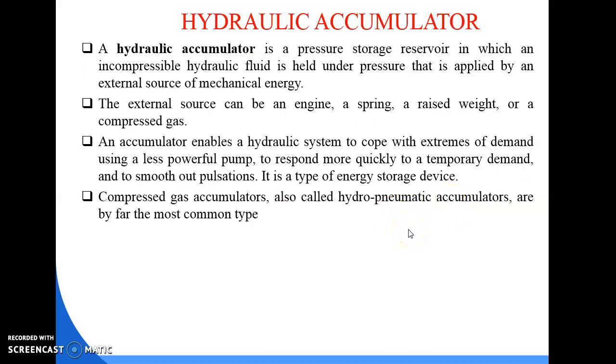There are other devices. The name of another device is the hydraulic accumulator. The main function of the hydraulic accumulator is that it is a pressure storage reservoir.